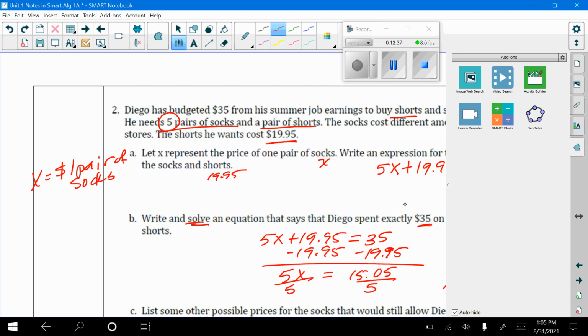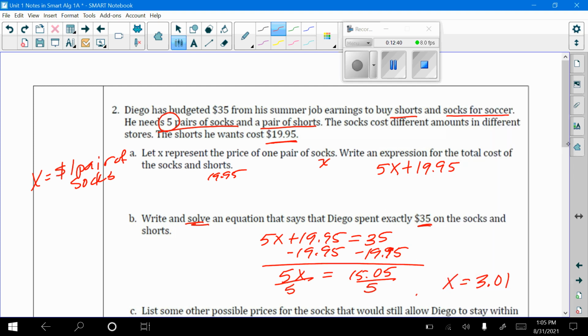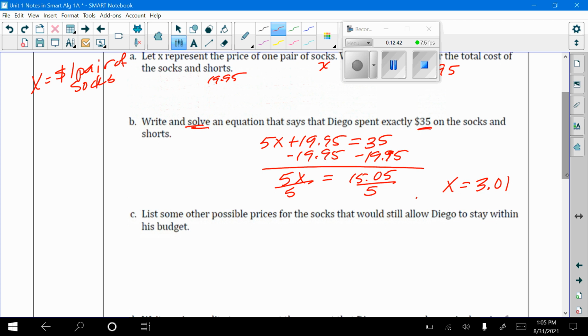So let's scroll this down. So if he bought 5 pair of socks, he could have spent $3.01 per pair of socks.